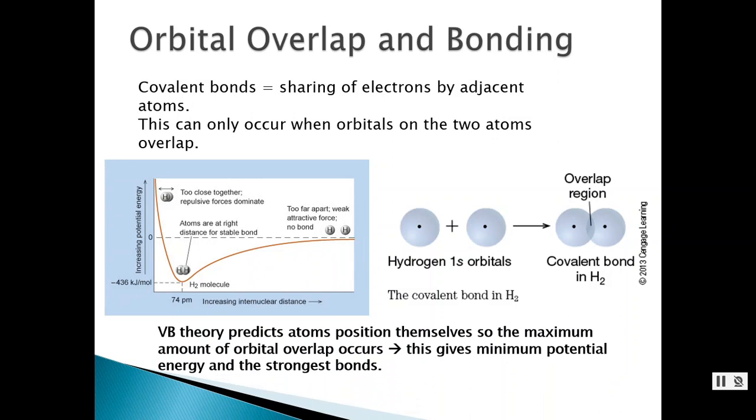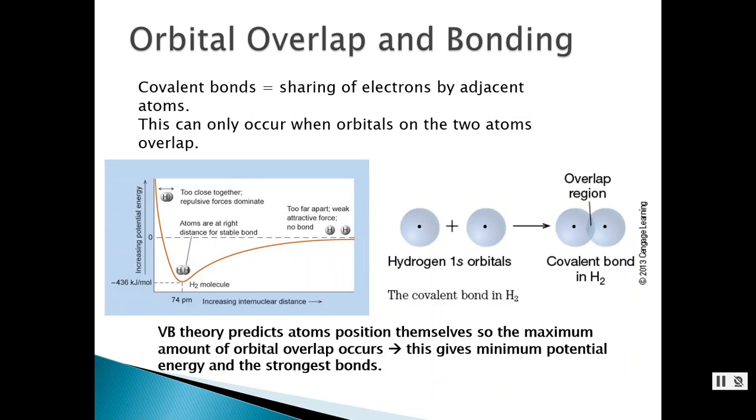And so valence bond theory, which involves valence electrons, predicts that atoms position themselves so that we get the maximum amount of overlap of orbitals. That maximum overlap gives minimum potential energy, as seen here, and also the strongest covalent bonds. So that is the crux of valence bond theory.